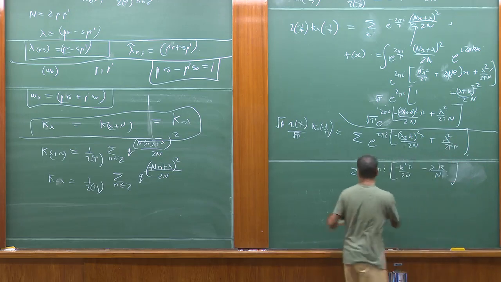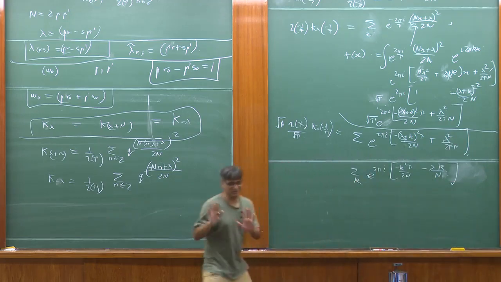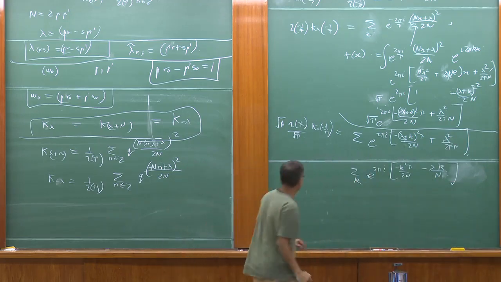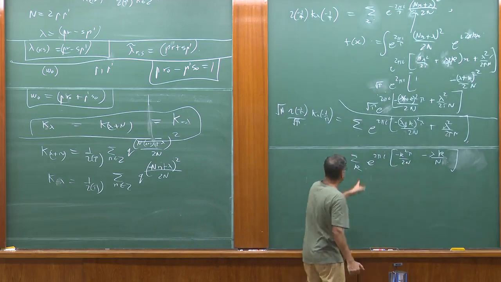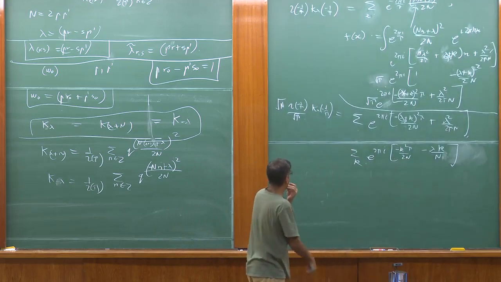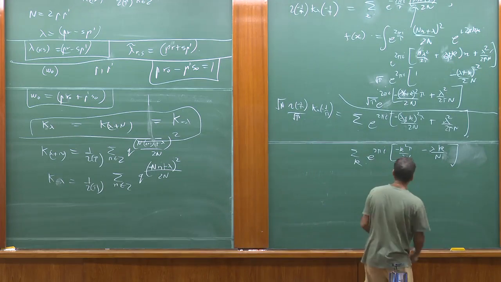Fine, so they get this sum over k. I'm so sorry, I should have prepared more. Okay, so we get the sum over k of this. And now what? Okay, excellent.